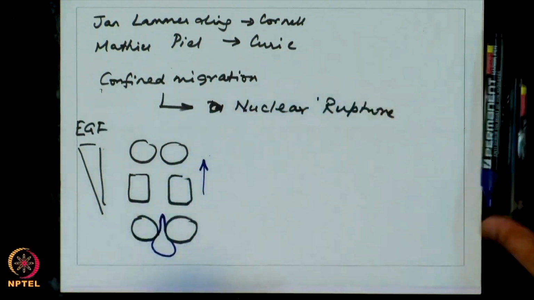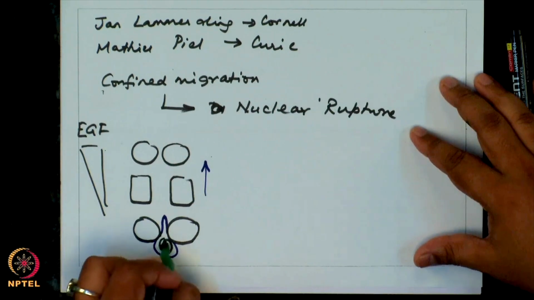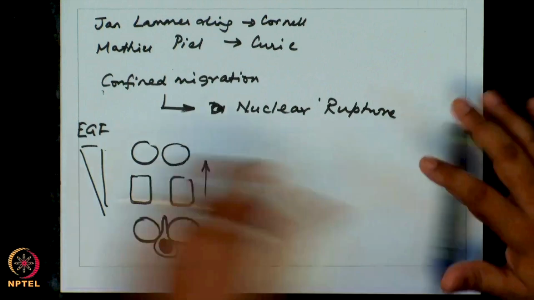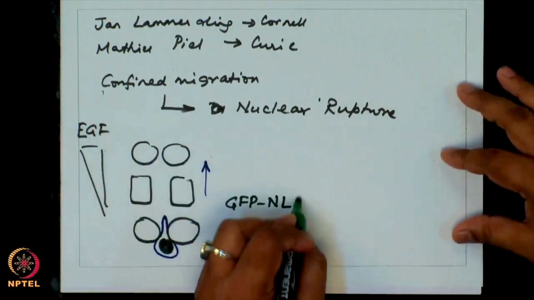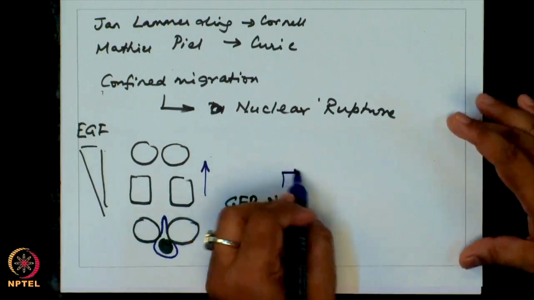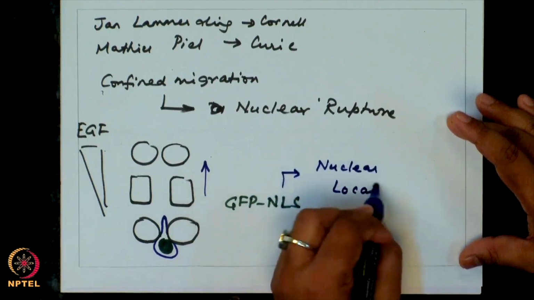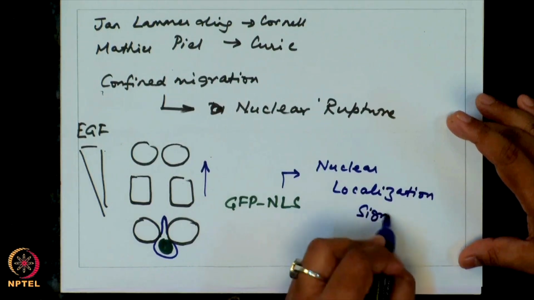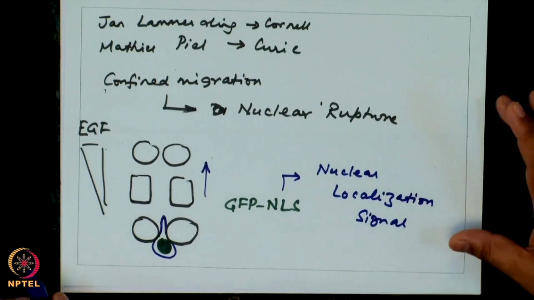They transfected these cells with GFP NLS. NLS is nuclear localization signal, so this should ideally only be present in the nucleus.